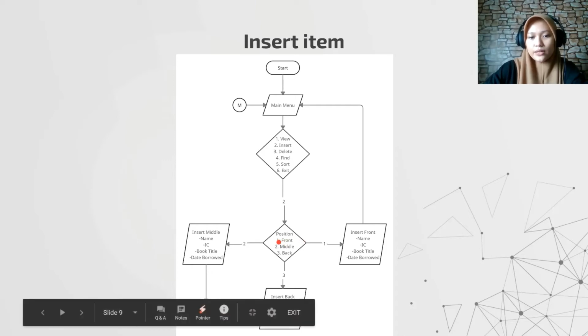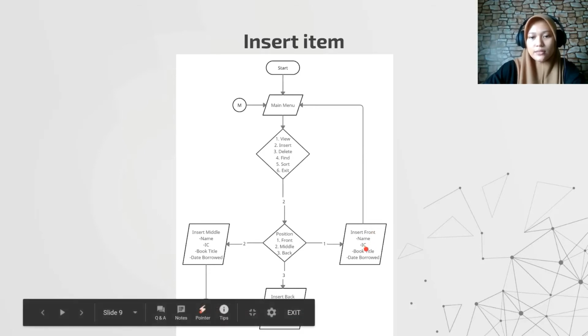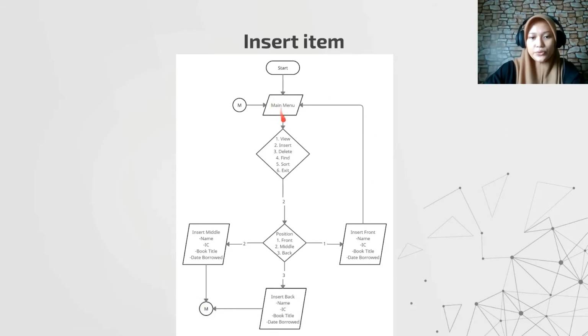If they choose 1, the system will allow the user to insert in front of the list. Then the user will have to key in the name, IC, the book title, and the date borrowed. After the user has finished keying in all this data, they will be brought to the main menu.